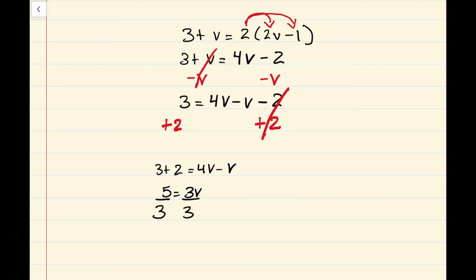So then this 3 over 3 will just cancel out to give us 1. And then v will be equal to 5 over 3. Or you can just put it in this form. It's the same thing. So that's basically how to solve that question.